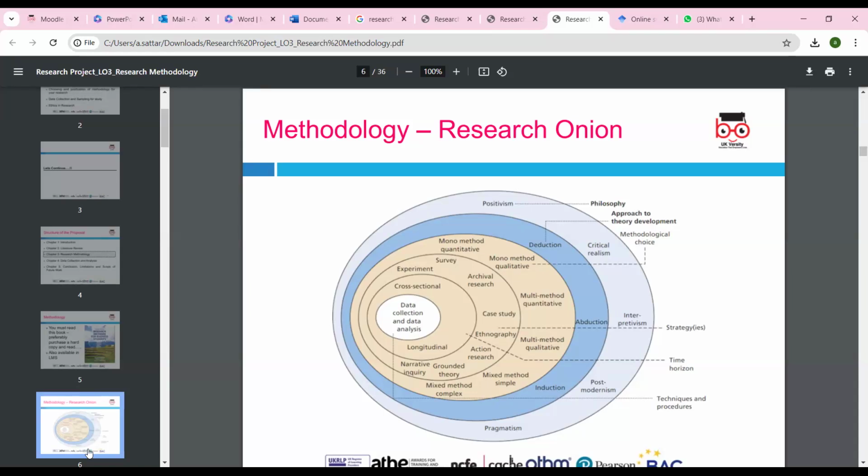We'll carry on using the research onion model, as that will help to understand the research methods and research methodologies.